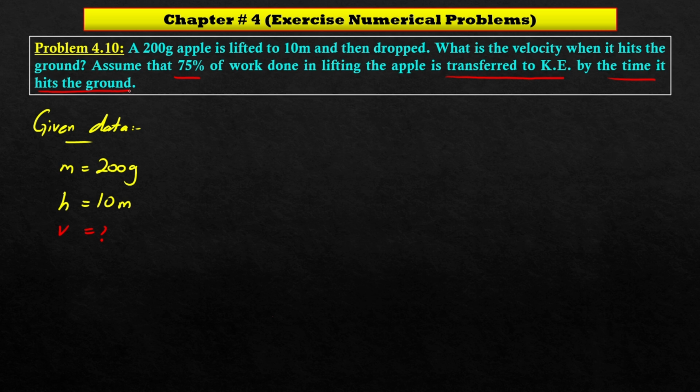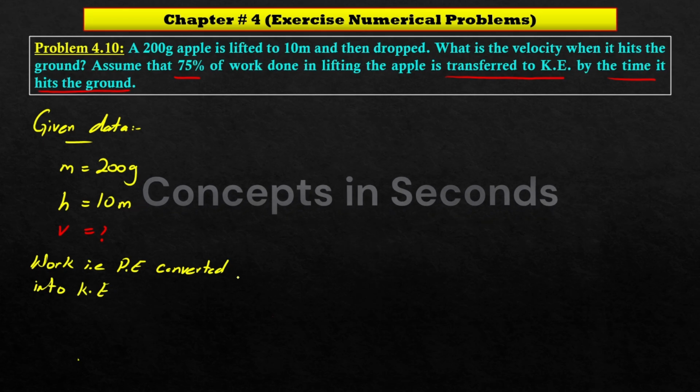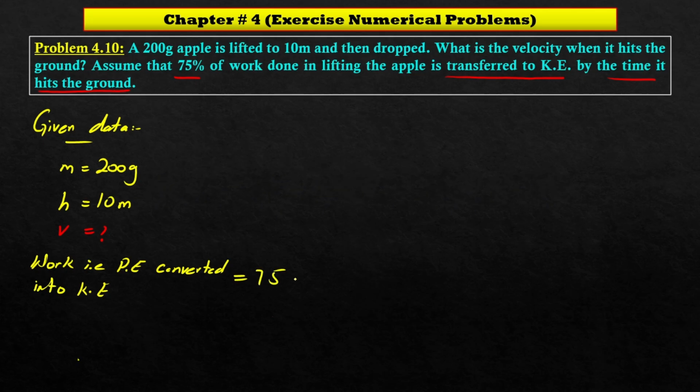Work, meaning its potential energy, converted into kinetic energy at the time it hits the ground is equal to 75%, which is equal to 0.75.